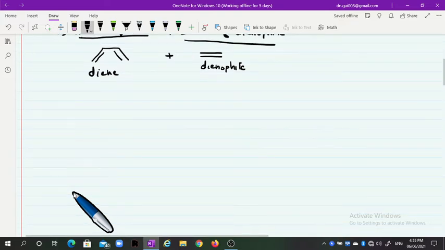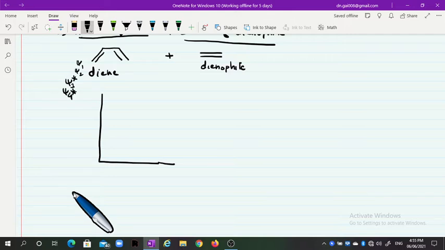Already we have known how to construct the molecular orbital diagram of these diene and dienophiles. Therefore for dienes, psi1, psi2, psi3 star and psi4 star orbitals are possible.